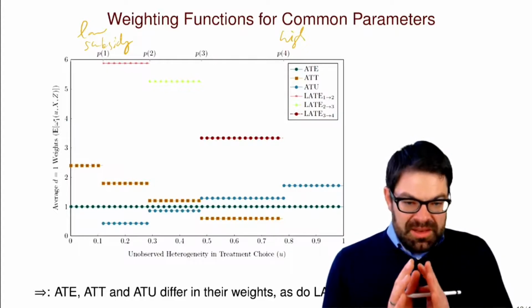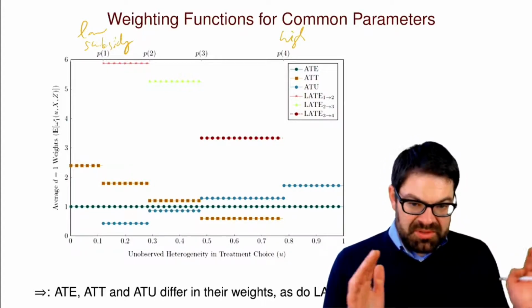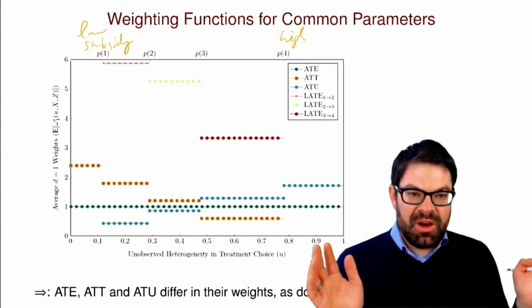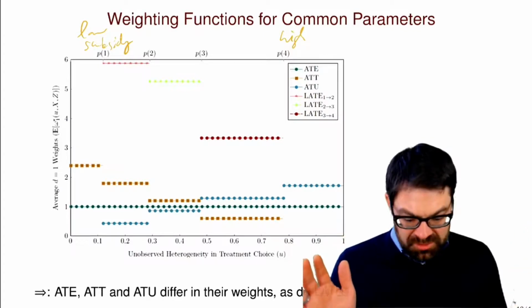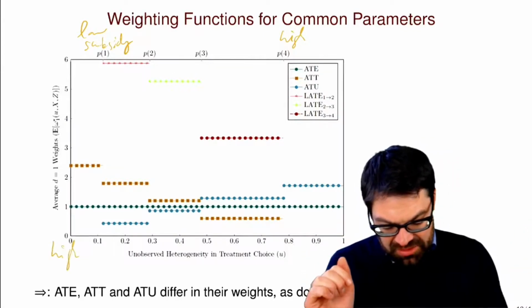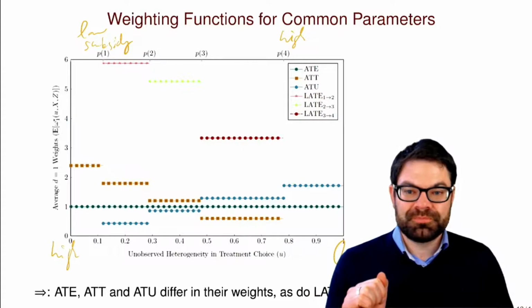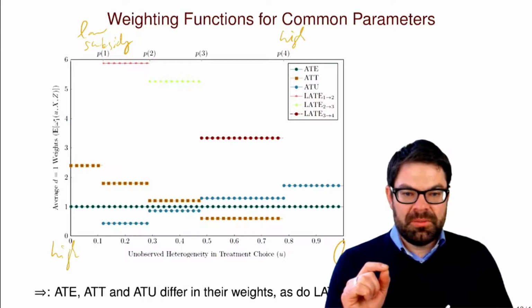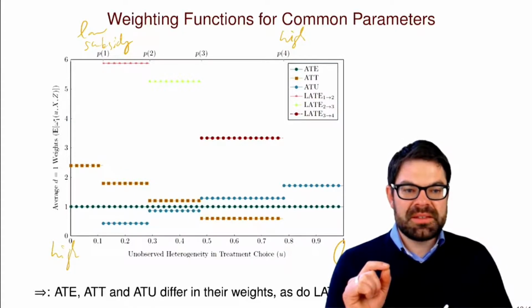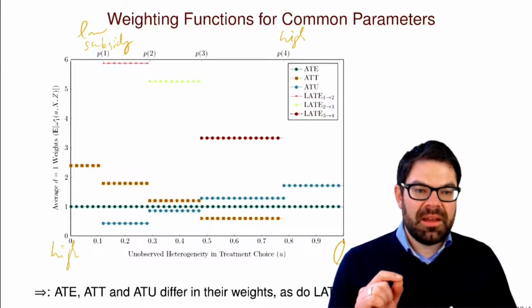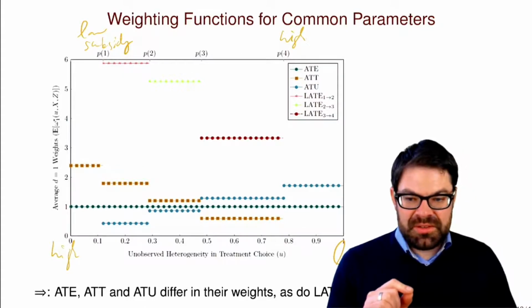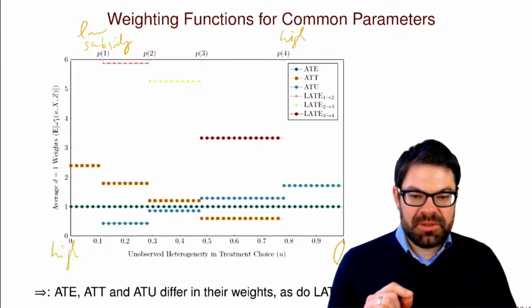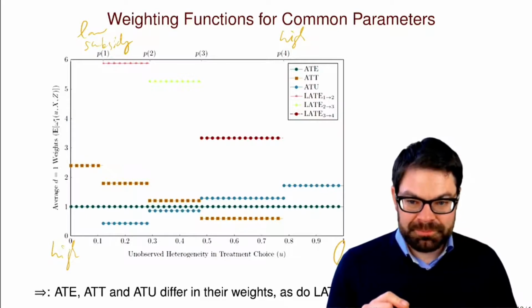Now, again here, the horizontal axis is just the likelihood of selecting into treatment, which again is high here and is low there. And what we then see is the average treatment effect, and the average treatment effect here is normalized to 1.